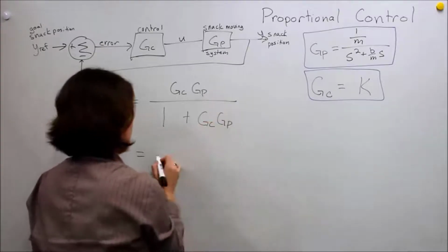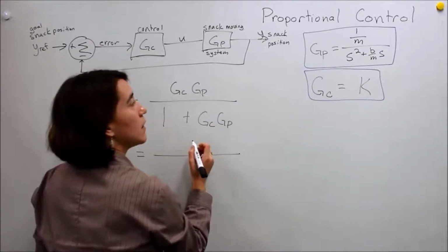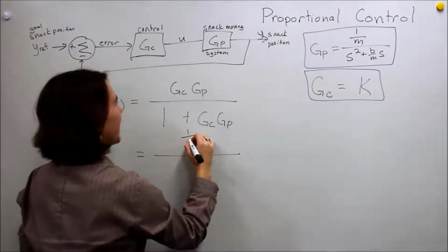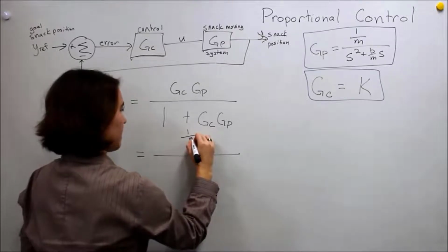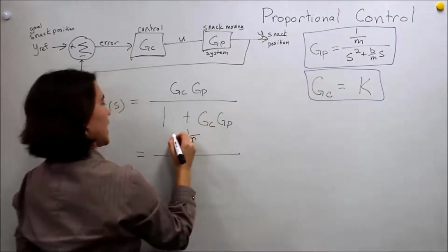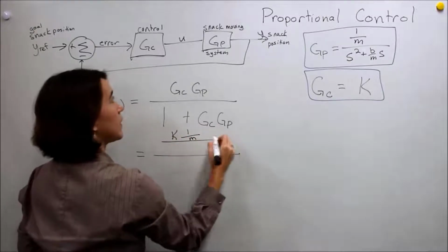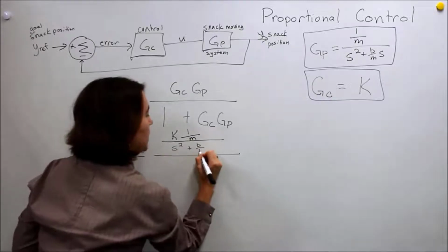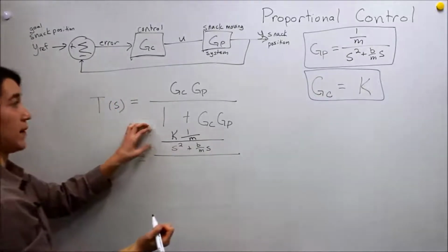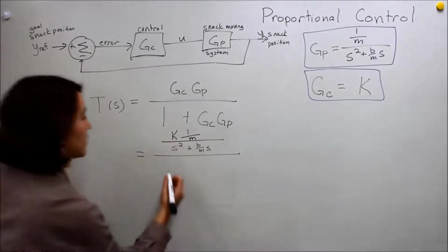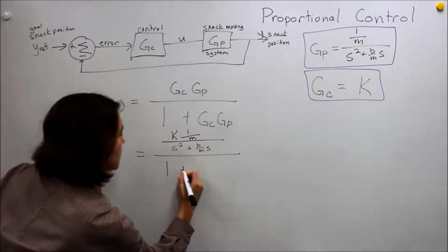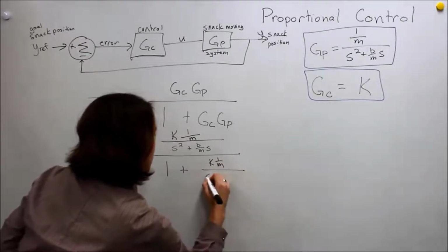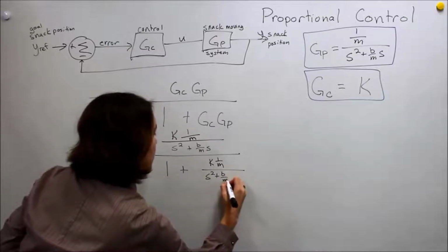So we have 1 over m on the top. Multiply that together and we'll just have a K out here, and then over this value, s squared plus b over m s. So that's our numerator. And then we have 1 plus that same value, so 1 plus K over m, s squared plus b over m s.